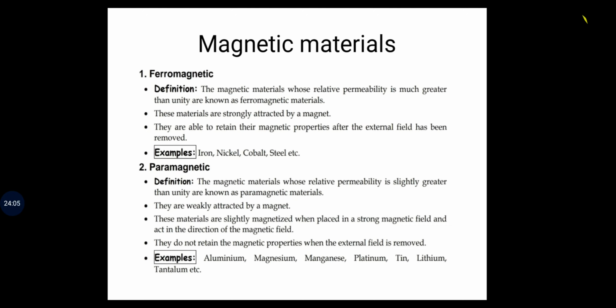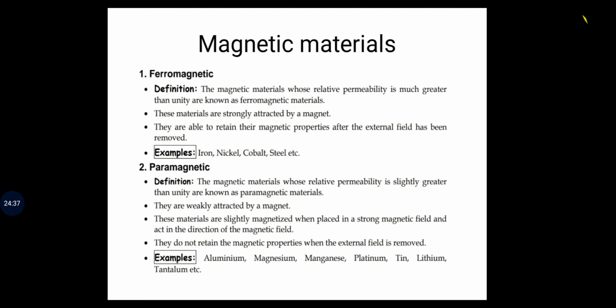These materials retain their magnetic properties after the external field has been removed. If you remove the external magnetic field, the magnetic properties do not change; they are retained in the element.